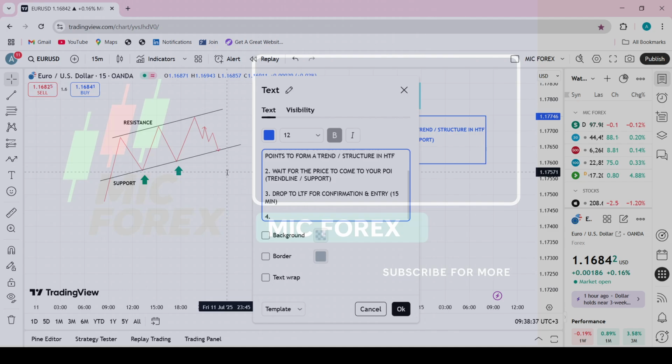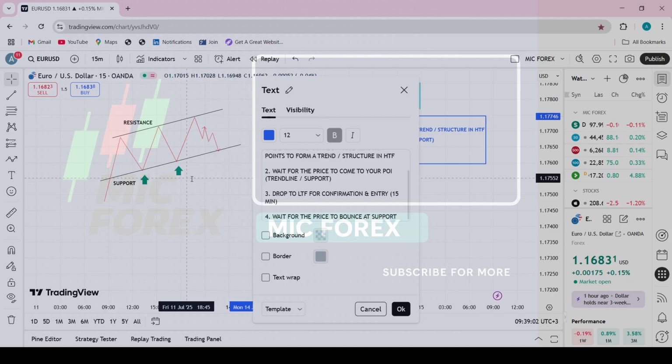What do we need to know? What is confirmation? What is our entry? Now you do this. You wait for the price to bounce from there, at the support.